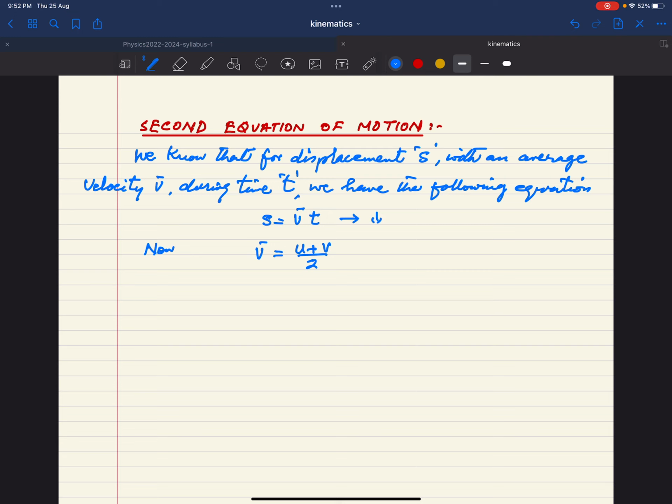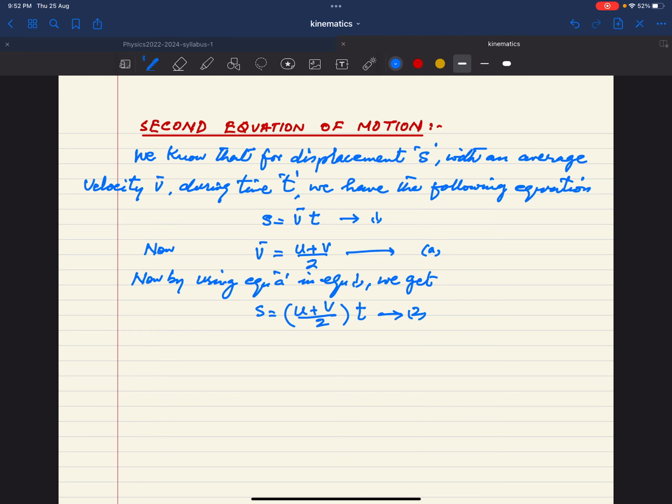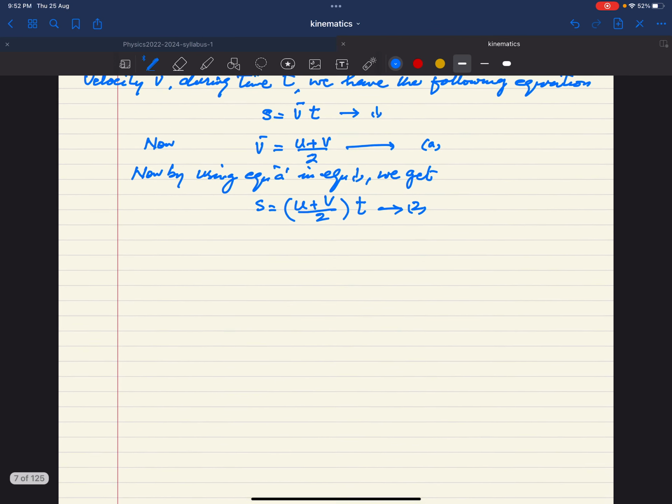Suppose this is our equation A. Now by using equation A in equation 1, we get s is equal to u plus v divided by 2 into t. For reference we are considering this as equation 2.